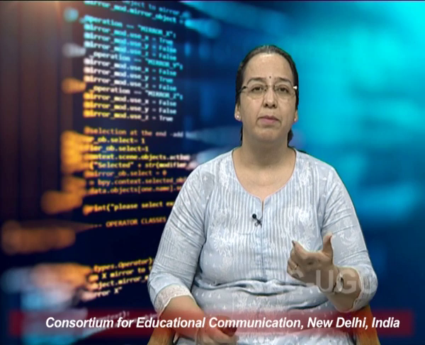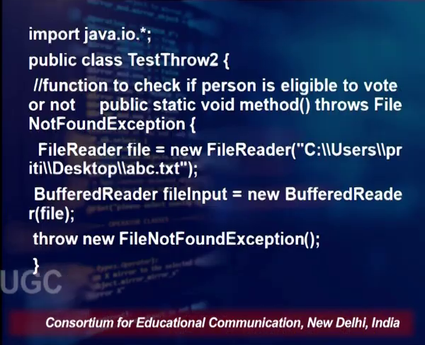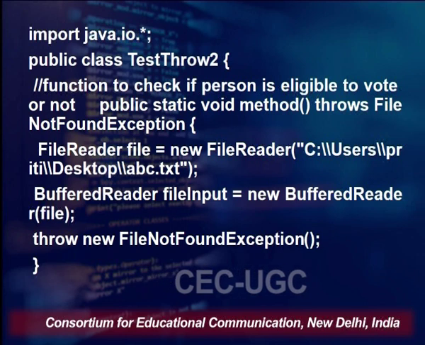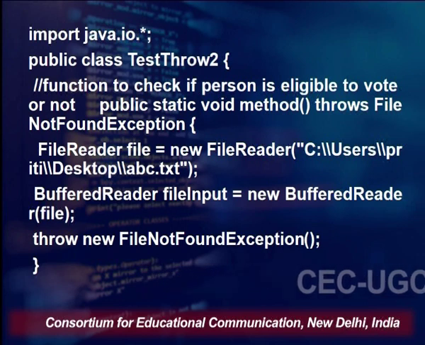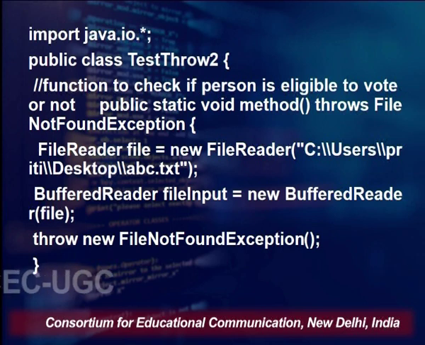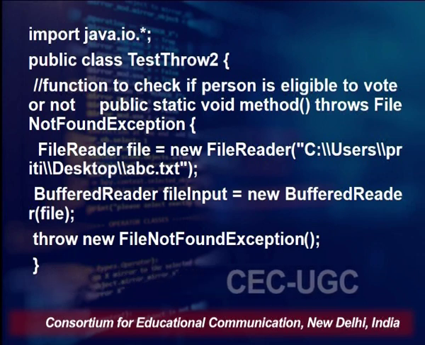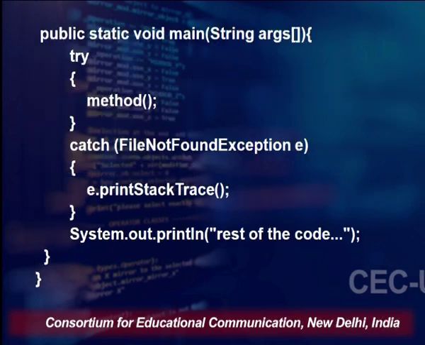This method is specified with the keyword throws, so that means it's a checked exception. If this method throws an exception, that will be taken care of with the help of throw new FileNotFoundException.